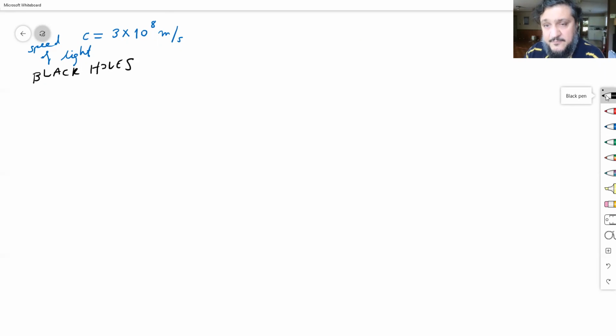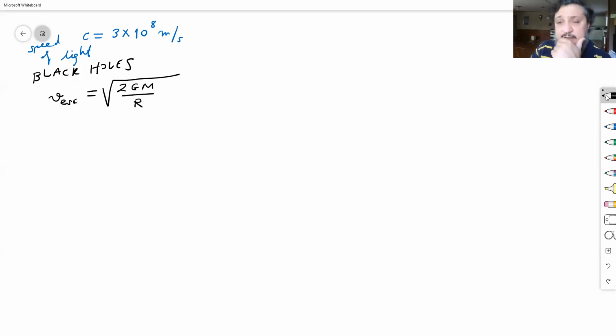All right, so that formula says escape velocity is the square root of 2GM over R, where M and R are the parameters of that star or planet. What if we take the escape velocity as c?